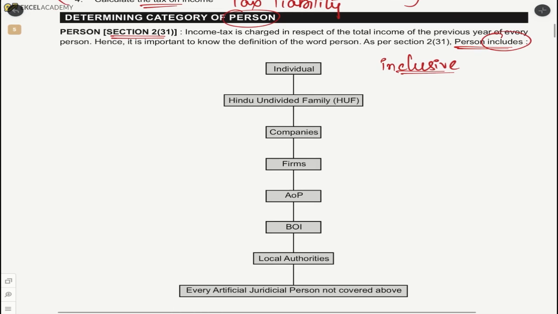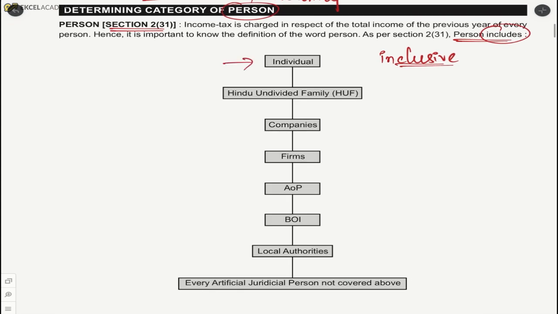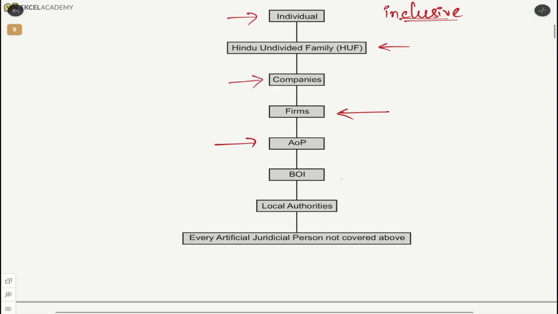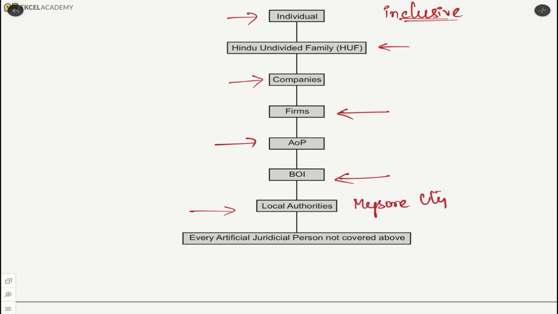We'll see how. So first, of course, individual. Then comes the Hindu undivided family, largely invoked these days. Then companies, private limited, public limited, one person, etc. Then we have firms, AOP, that is association of persons, BOI, body of individuals, local authorities like for instance Mysore City Corporation, that is a local authority.